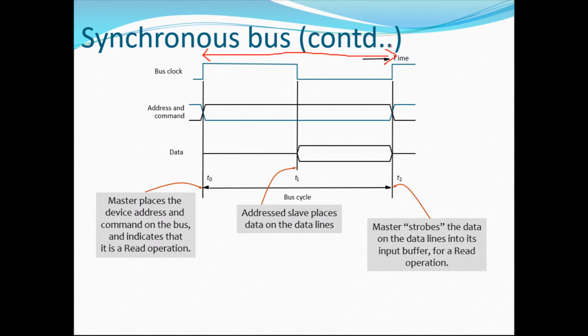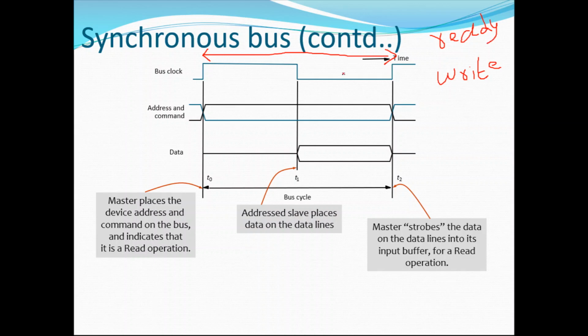The typical operation is either a read operation or a write operation. Whether it is a read or a write operation, it should not take more than one clock cycle. Accordingly, the clock cycle is designed in a synchronous bus, such that communication between any two devices will not take more than one clock cycle.